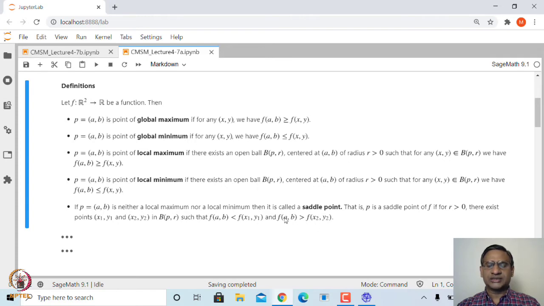So, in any small neighborhood the function will have smaller value and bigger value, that is what it means. Such a point we generally call a saddle point.